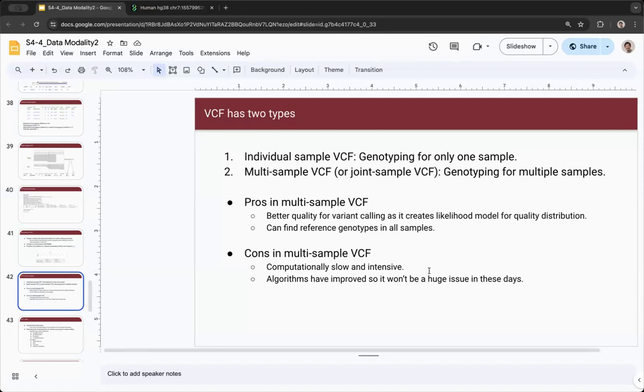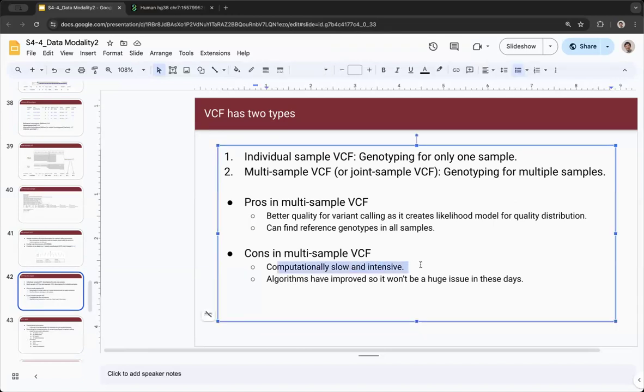They announced that the multi-sample VCF is going to be the standard in any kind of genomic analysis afterwards. Behind that announcement, the computational algorithms had developed so rapidly that nowadays they can solve those problems.